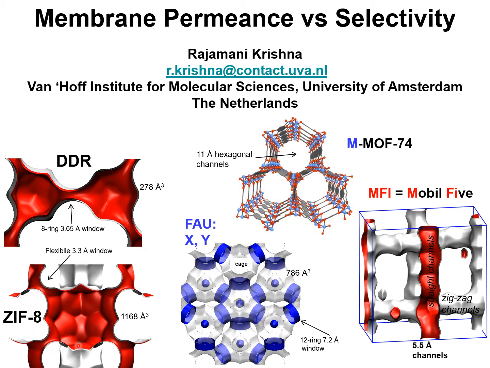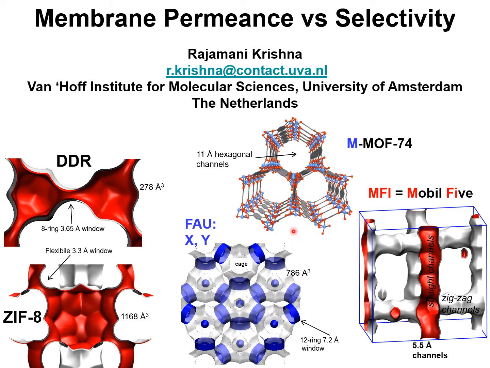ZIF 8 has cages of 1,168 cubic angstrom, and each cage is separated from adjacent cages by flexible 3.3 angstrom size windows. This dimension 3.3 is from the crystallographic information, and we will see later that in practice there is a high degree of flexibility, and guest molecules significantly larger than 3.3 can cross the window regions.